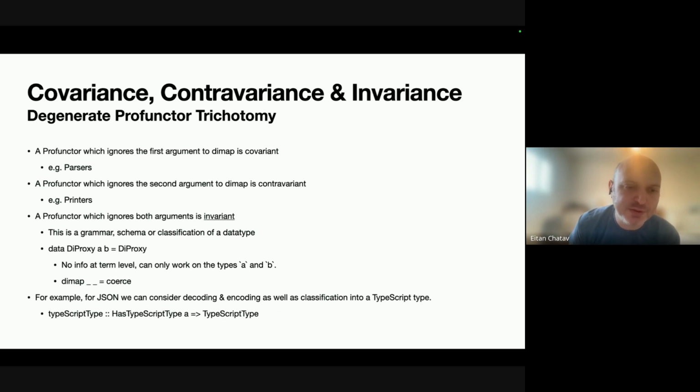So we could have a method typeScriptType that has a constraint, HasTypeScriptType a, and then gives us back TypeScriptType. But what we notice is that A does not appear at all at the term level, only at the type level in a constraint. So A is an argument to typeScriptType at the type level, but there's no need to give it a term of type A.